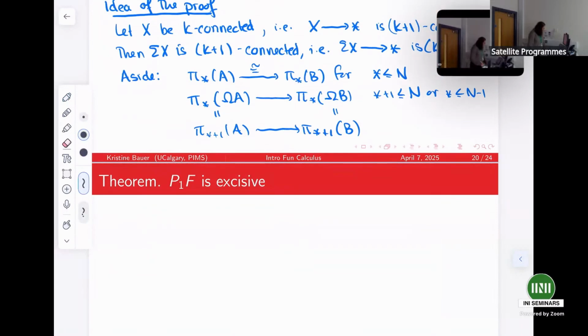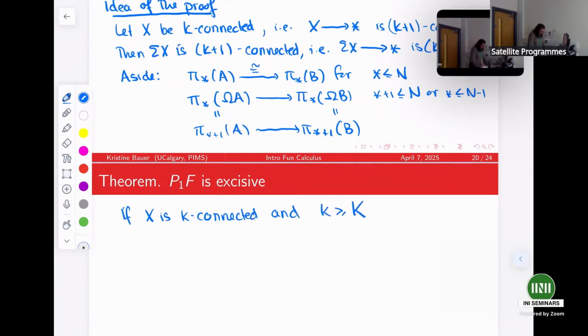So note that if X is K connected, sorry, what did I say X was to begin with? Yeah, K connected. And if K is greater than whatever the capital K was that I set out to begin with, I think I was supposed to be very careful to make sure that this was a lowercase k.